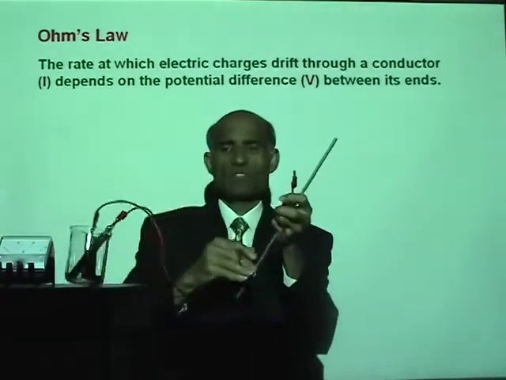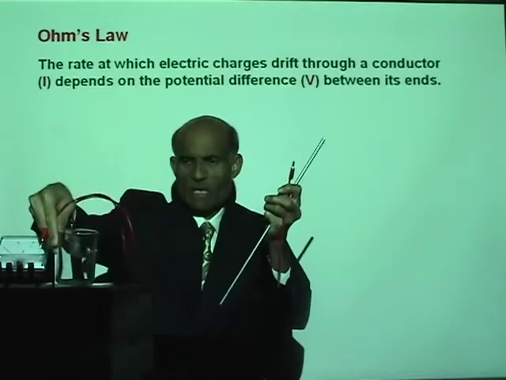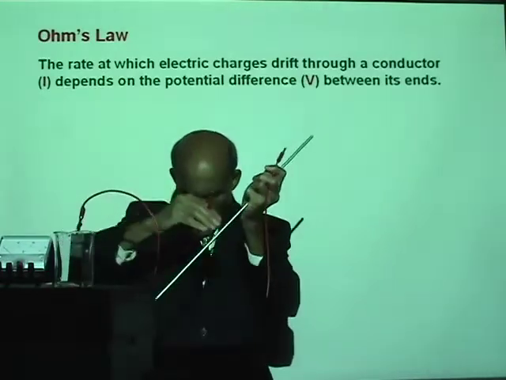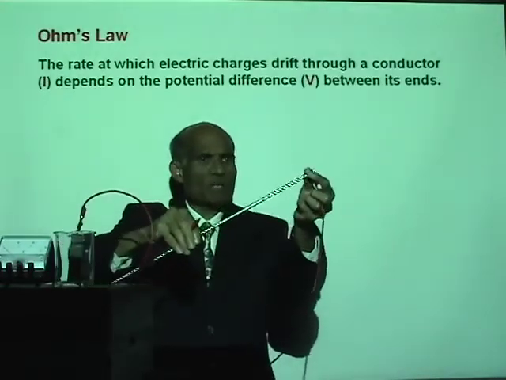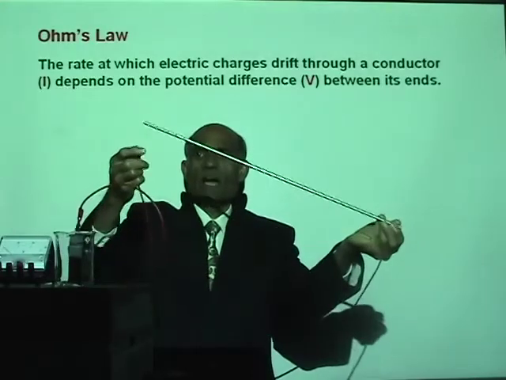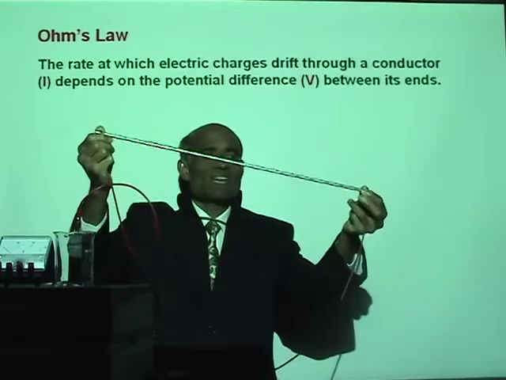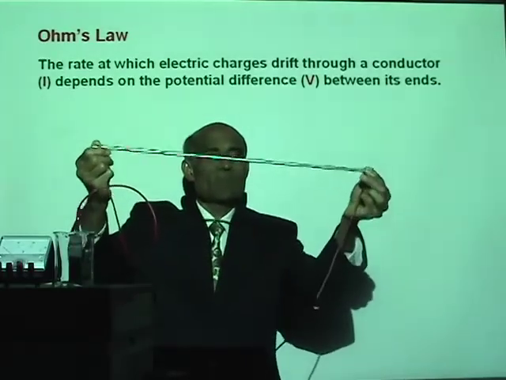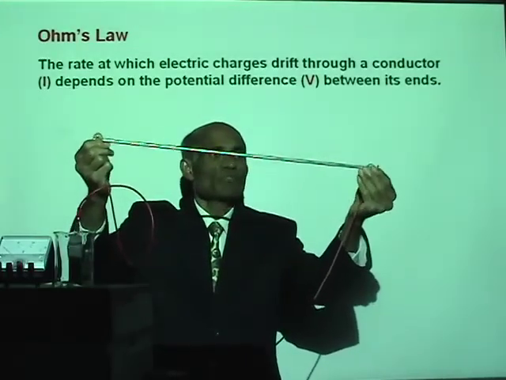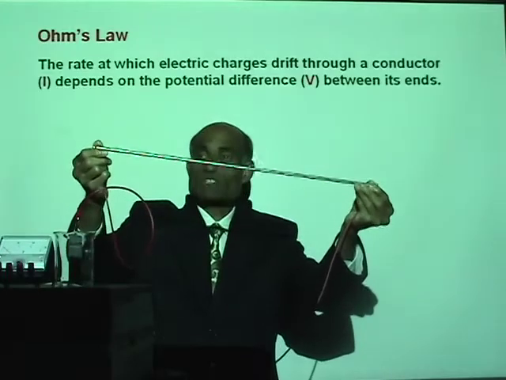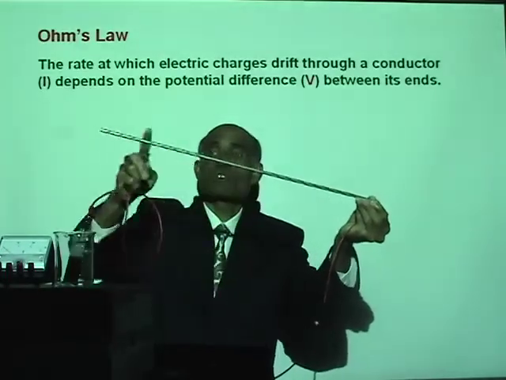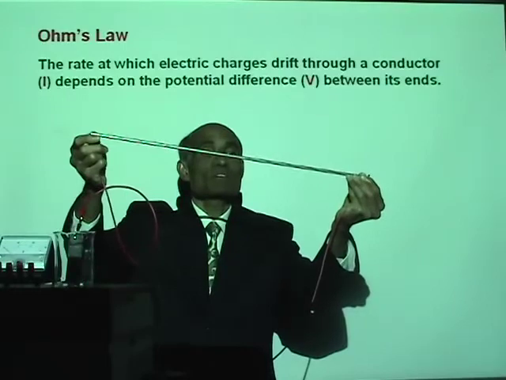Now here, this is the positive end of the battery. I have the positive end of the battery, and the negative end of the battery. What I have achieved here is, by connecting a battery across this conductor, I have established a potential difference between the ends of the conductor.